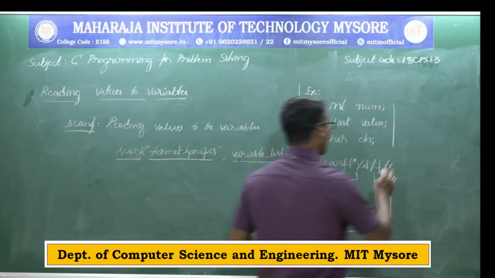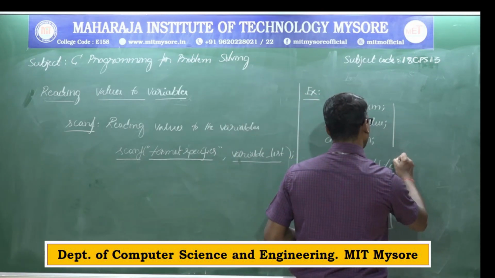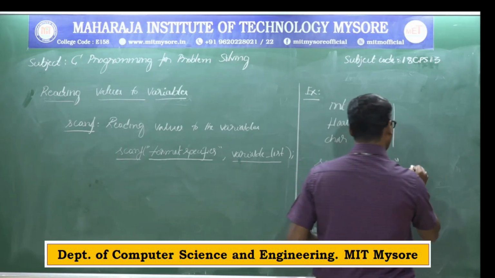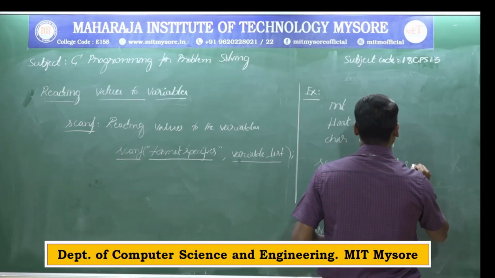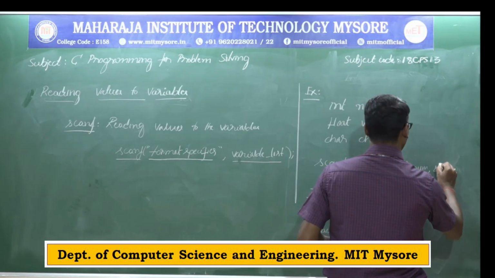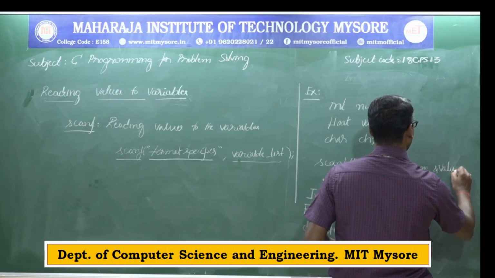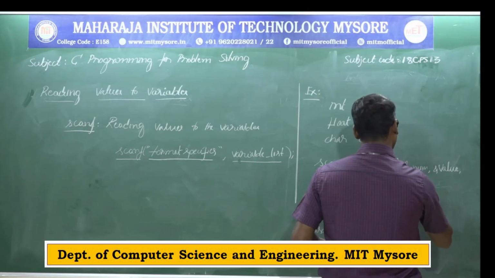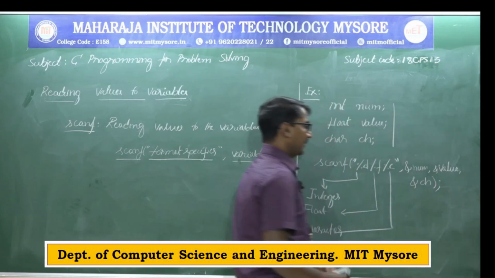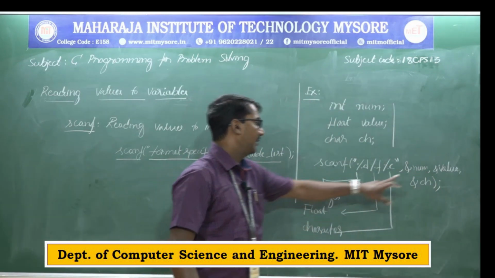This should be within the double quote, then comma, here address of num, address of value, comma, address of ch. Here the variables are separated by comma.